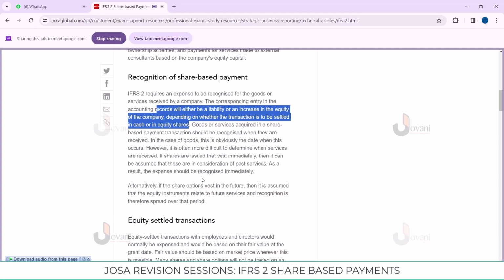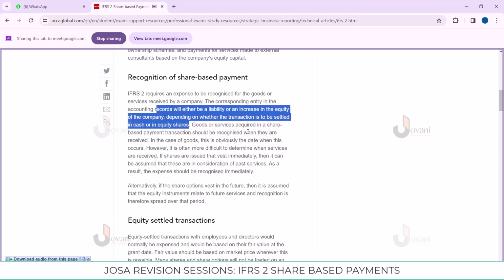So this is very important, that whenever you receive goods, you must recognize an expense. And in IFRS 2, the credit entry can be either a liability or equity: a liability under cash settled or cash-based settlement, or an equity under equity-based.